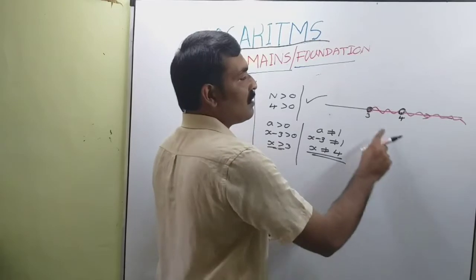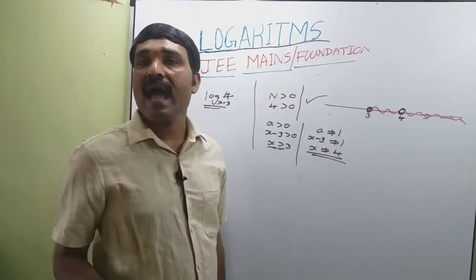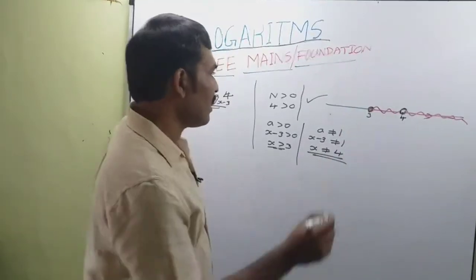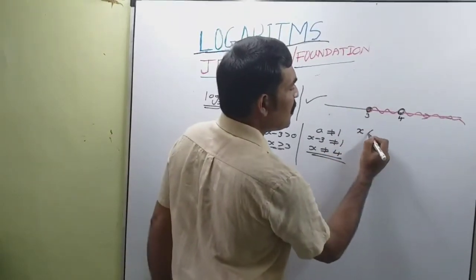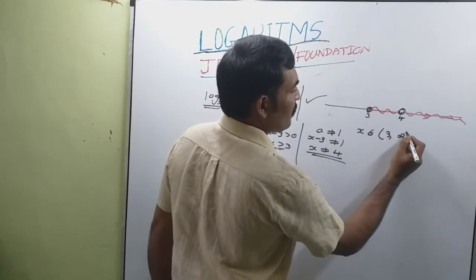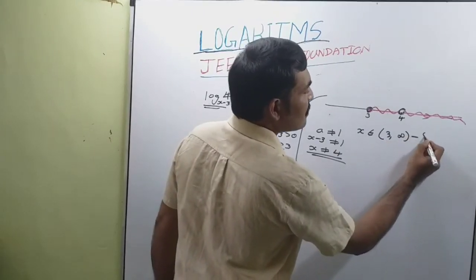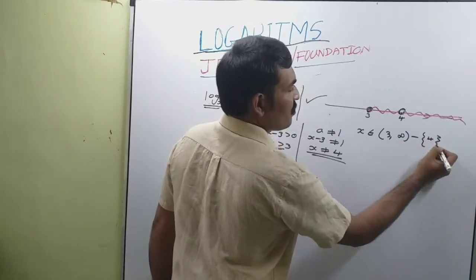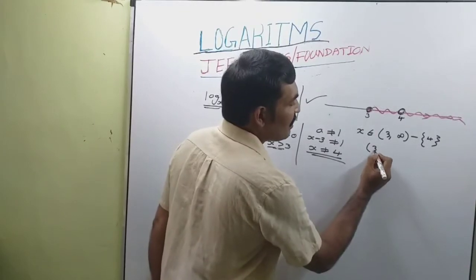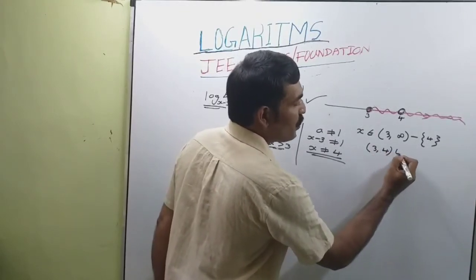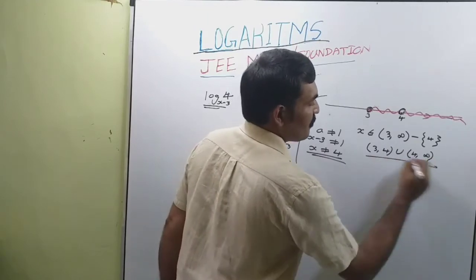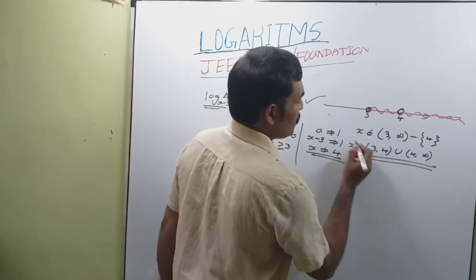On this number line, this red mark represents the value of x. This is the real axis. So we can write x belongs to open interval 3 to infinity minus the set {4}. So 4 is excluded. Or we can represent this as open interval 3 to 4 union open interval 4 to infinity.